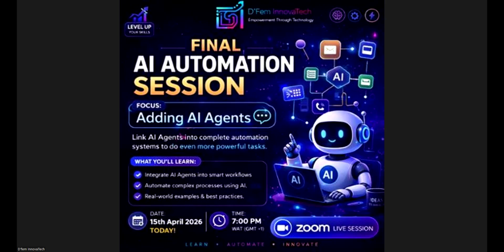The class was divided into two phases: the part about a simple workflow, and the part about the AI agent, where we created a typical AI agent. I think we ended it in our last class.